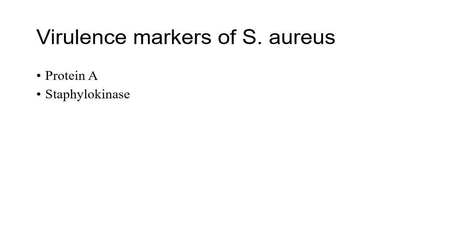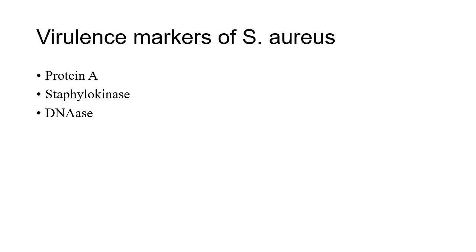It lyses the coagulum, which is produced by coagulase. If you remember, it has the ability to clot. And now once lysis of the coagulum happens and there is damage to the surrounding tissue, what is the net result? The net result is it allows the bacteria to spread further. All right. And so it's a very useful tool for the bacteria to become more invasive.